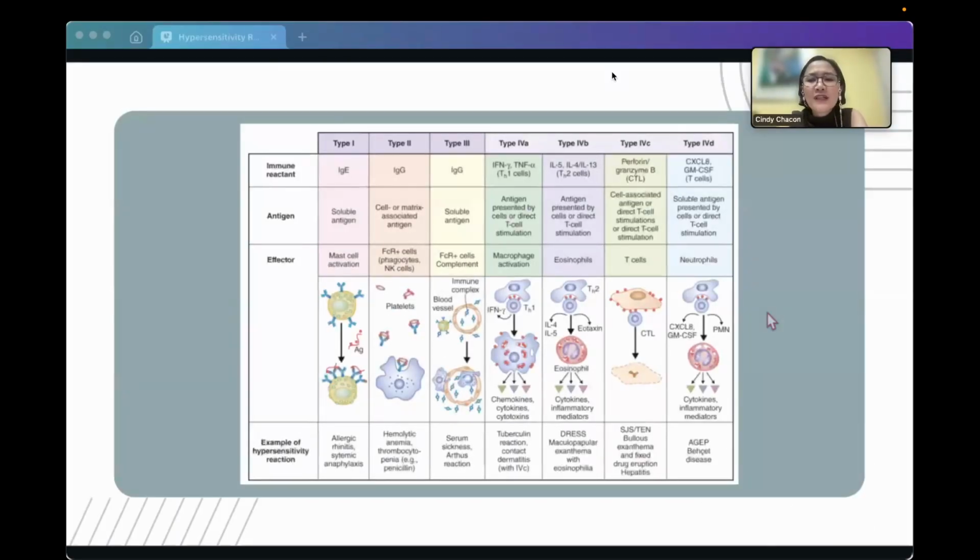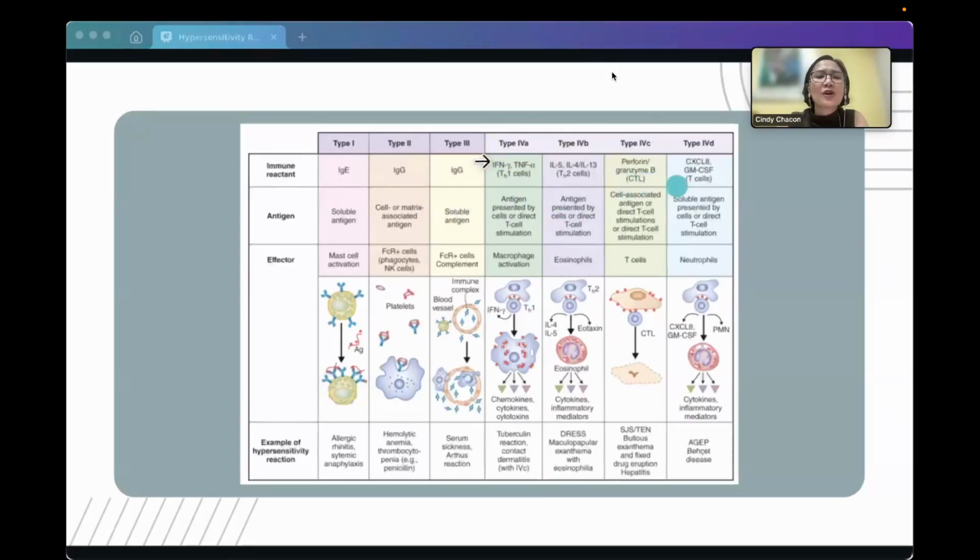Again, this table is a summary of what I discussed earlier when I was giving an overview of hypersensitivity reactions. And again, in my opinion, it's still the best and most concise way of explaining and understanding the immunopathogenesis of allergic reactions. So here you can see your type 1, IgE mediated, and your type 2 and type 3 are your IgG mediated.